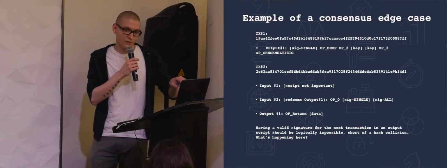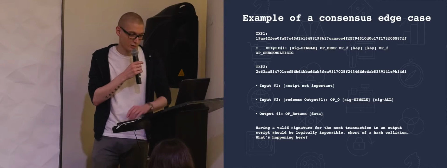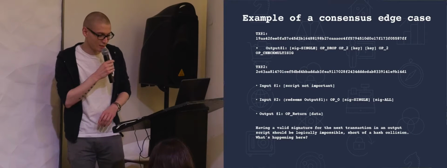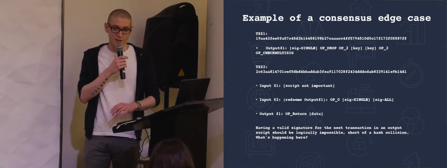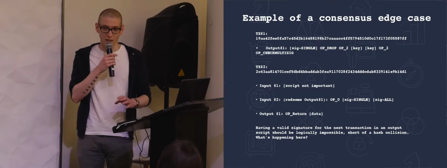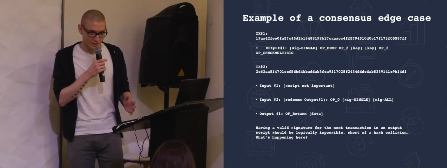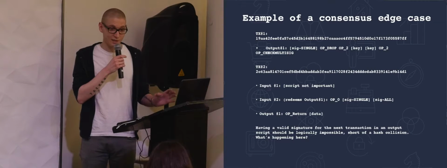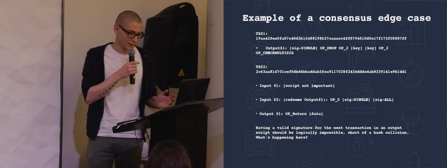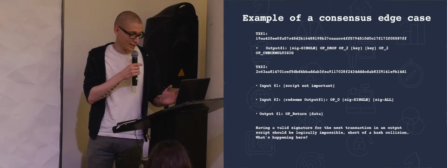So we have a valid signature for the next transaction in the previous transaction output. And if you know how SIG hashing works, you should know that this is logically impossible, short of a hash collision. It is not possible. So what the hell is going on here, right? Why is there a valid signature in the first output?